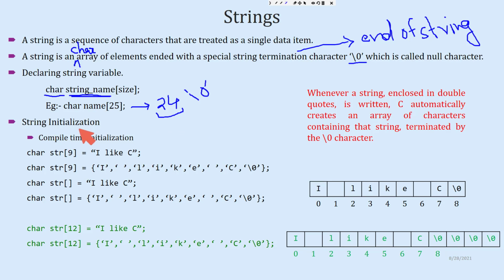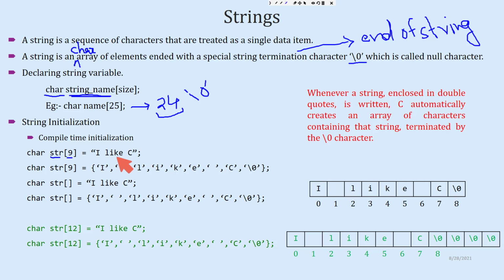Next is string initialization. First, compile time initialization. We all know what compile time initialization is. Here I have a character array whose name is str and its size is 9, and I have just written "I like C" within double quotes.